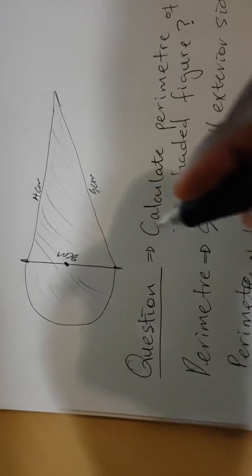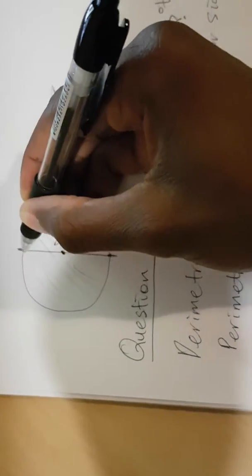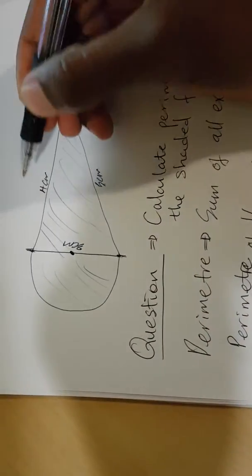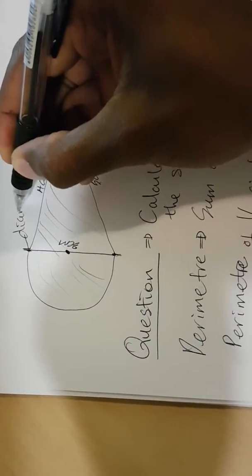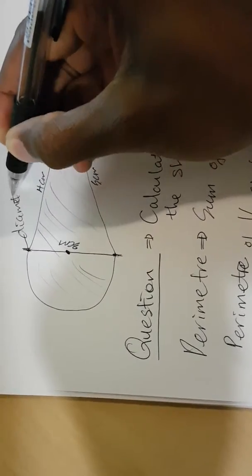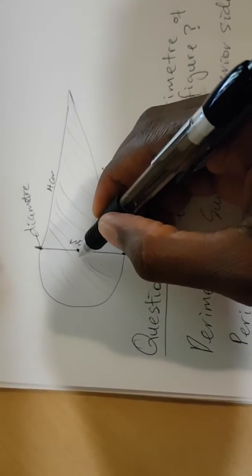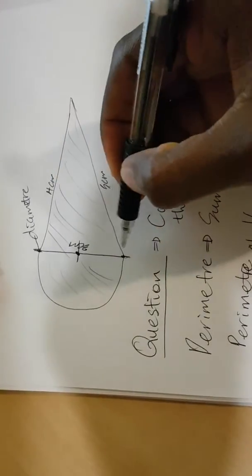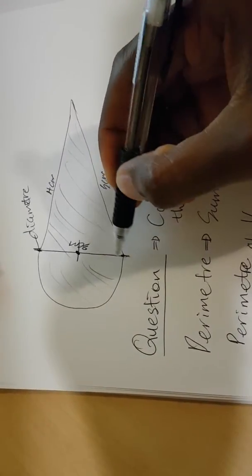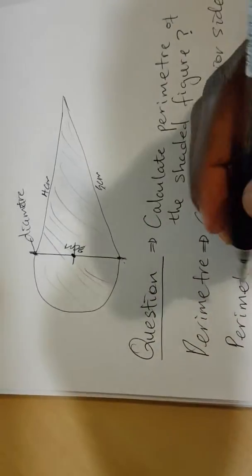Listen guys, this line from this point to this point, we call it a diameter. Our diameter, as you can see, is 3 centimeters. From here to here is 3 centimeters, but half of the diameter we call the radius.